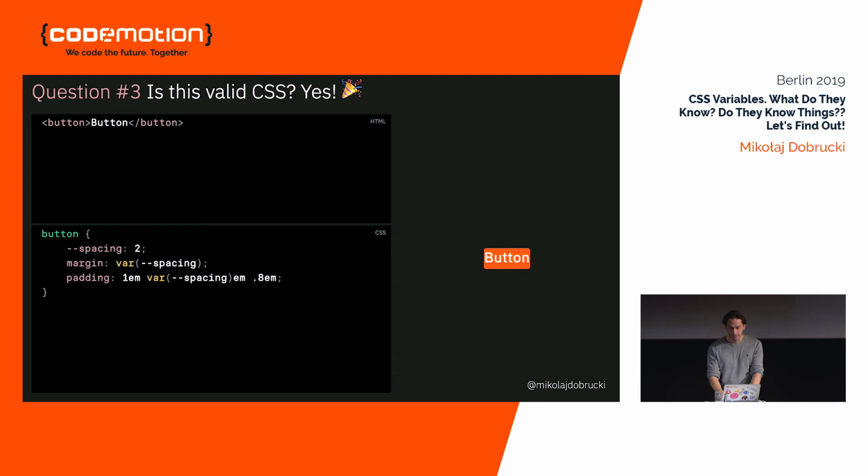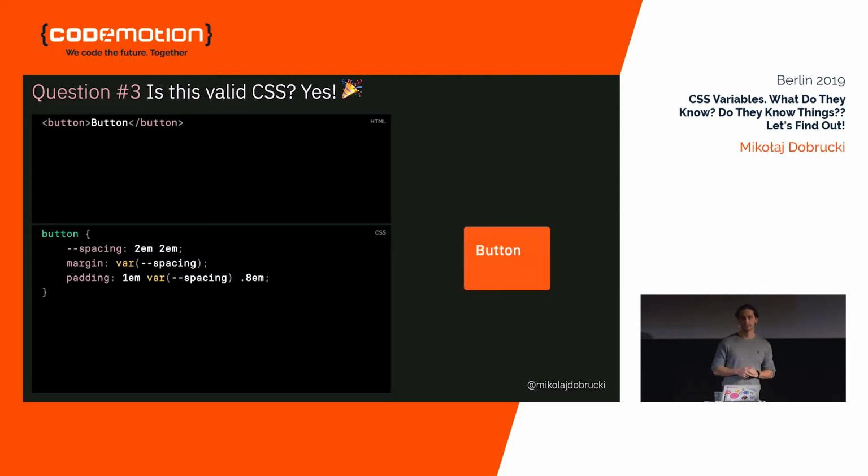But another funny thing to show here is that this is all correct. But if I add another value to this variable, this is also correct. And a funny repercussion of that is that if you take a look at this last value in the chain, you never really know where it will be used.